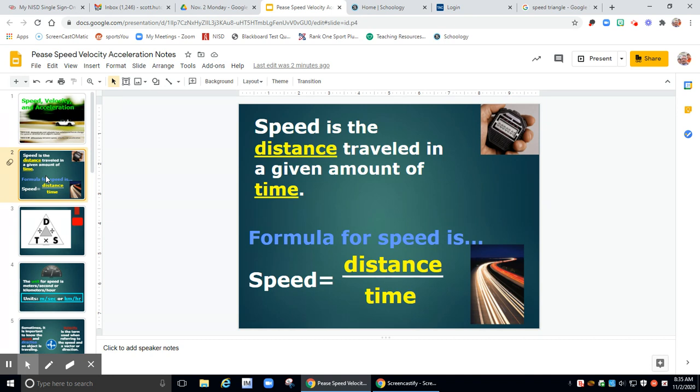So we're fairly familiar with the term speed and how it's applied in our daily lives. But by definition, speed is the distance an object travels in a given amount of time. So if it takes 1 hour to travel 50 miles, then the average speed that that car was driving was 50 miles per hour. So for every hour, it's going 50 miles.